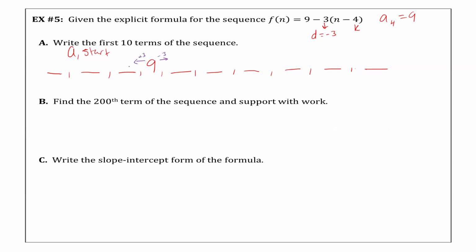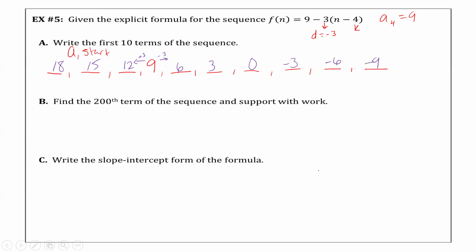Okay. So 9 plus 3 puts me at 12, plus 3 puts me at 15, plus 3 puts me at 18. Now going the other way: 9 minus 3 is 6, minus 3 is 3, minus 3 is 0, minus 3 is -3, minus 3 is -6, minus 3 is -9.